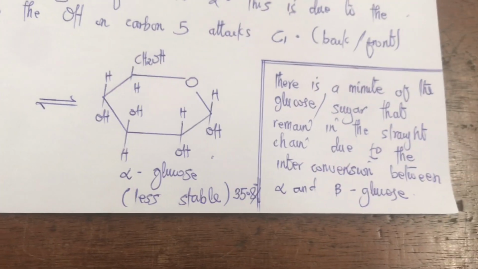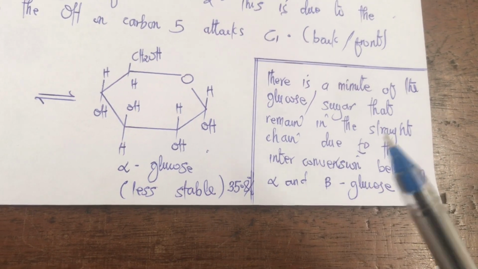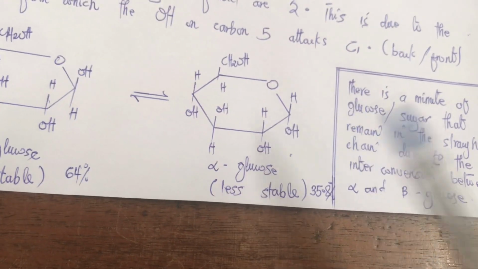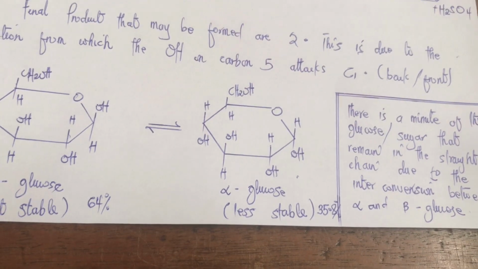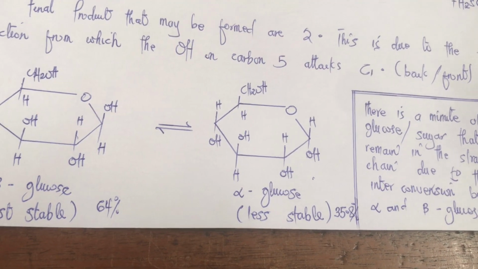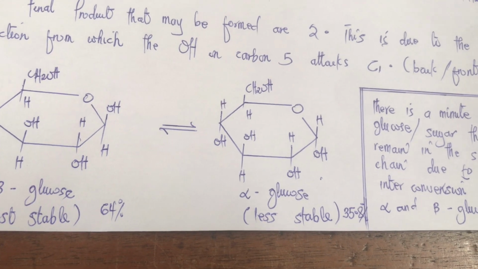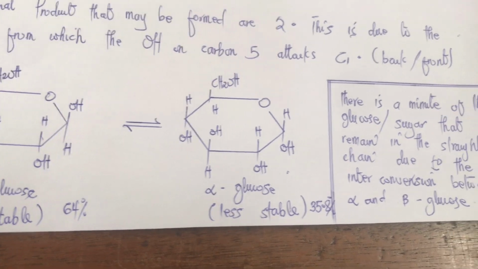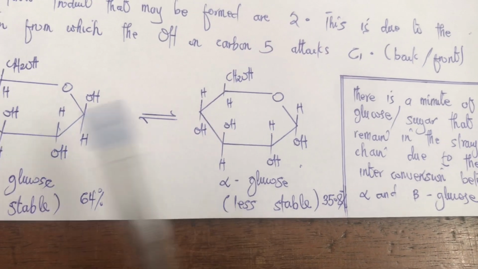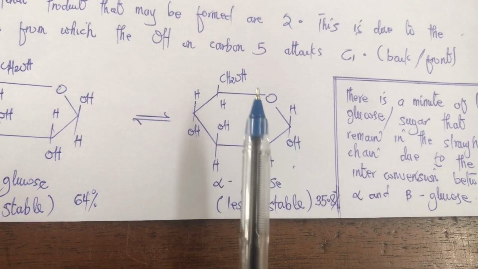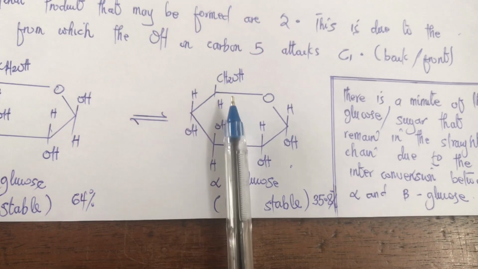So now, there is a minute amount of the glucose or the sugar that remains in the straight chain, okay, because it is a hemiacetal formation, or because it's a hemiacetal mechanism. There is still some form of reactivity, for that matter, as it continues to switch between the alpha and the beta. Before it switches from alpha to beta, it must first get to the what?